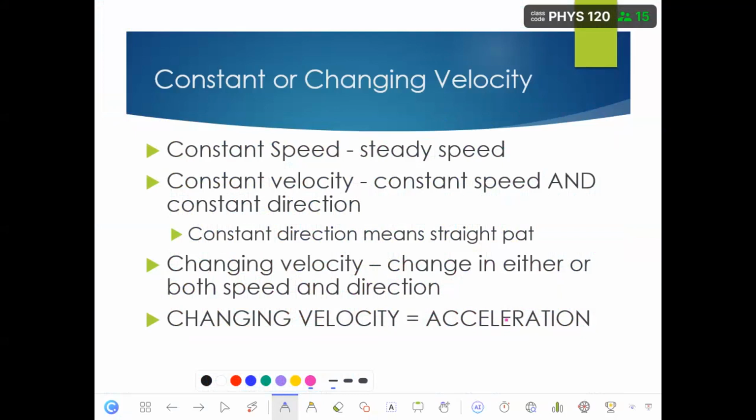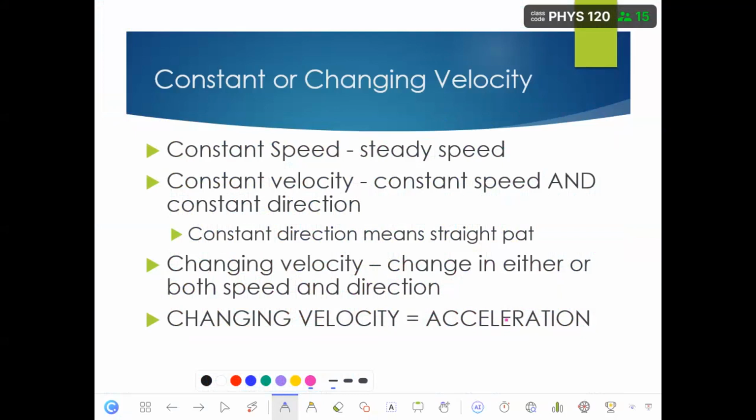So what does it mean? It means that your velocity is constant. It's not changed. But if your velocity changes, let's say in the first second you do 1 meter, but the next second you do 2 meters, you are speeding up. Your velocity is changing. So the same displacement over the same amount of time gives us constant velocity, but different displacement in the same amount of time will give us different velocity or speed.